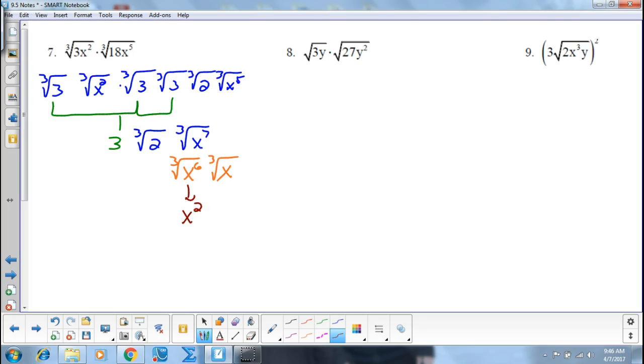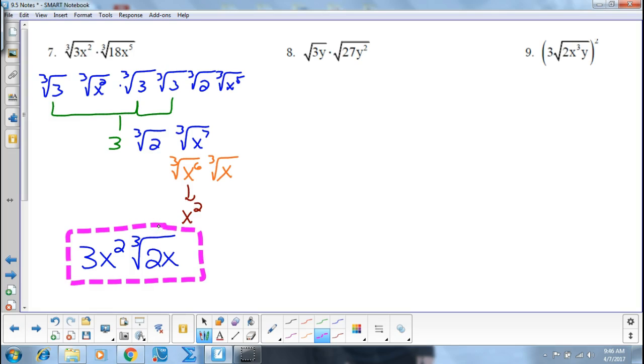So my final answer here is 3x squared times the cube root of 2x. Okay.